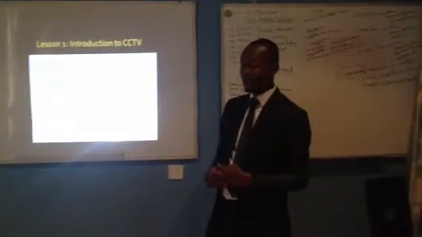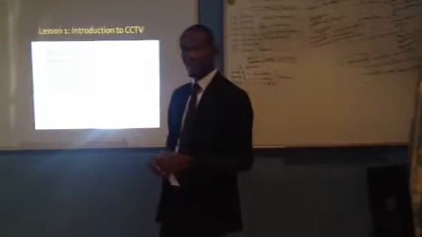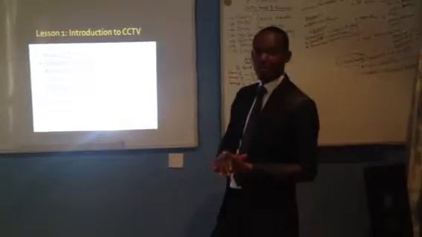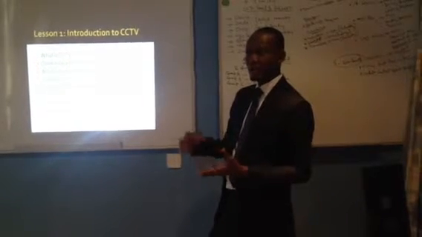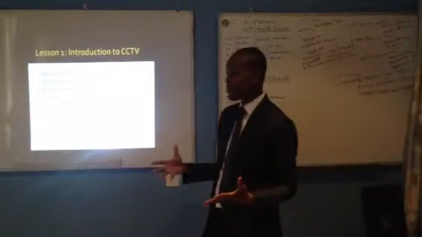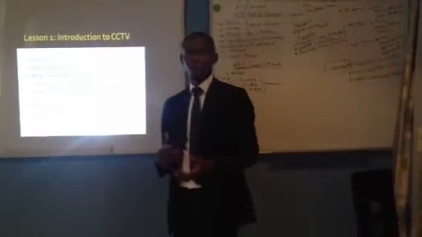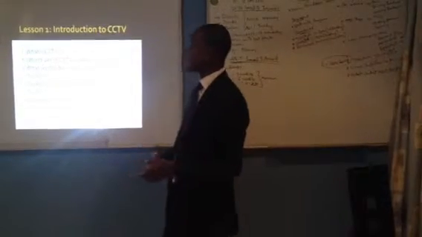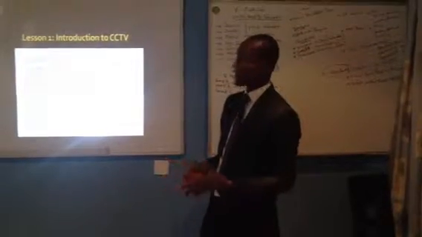Aside from the camera, we have a digital video recorder. A digital video recorder is the main backup where we have all our data, our information, and videos stored within it. These digital video recorders come in various shapes, various sizes, as well as different manufacturers.